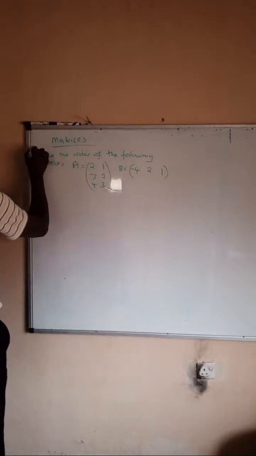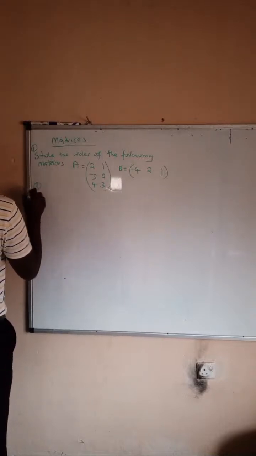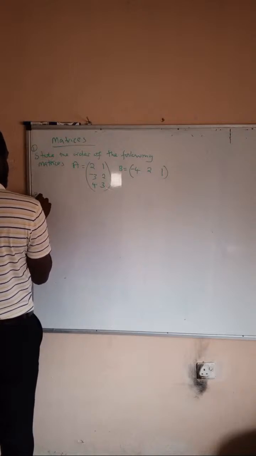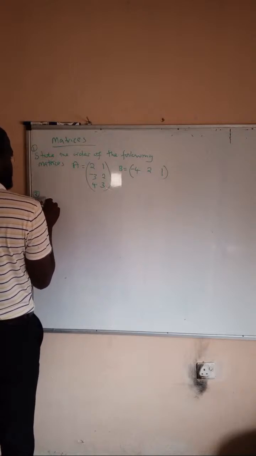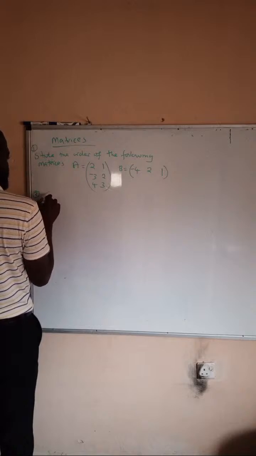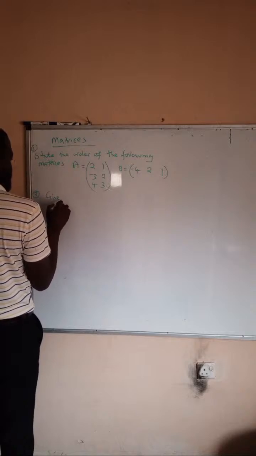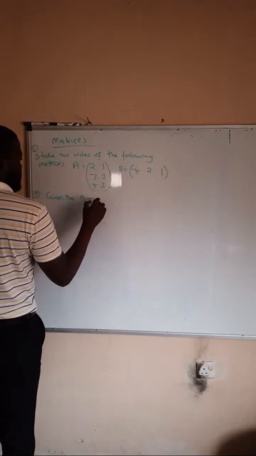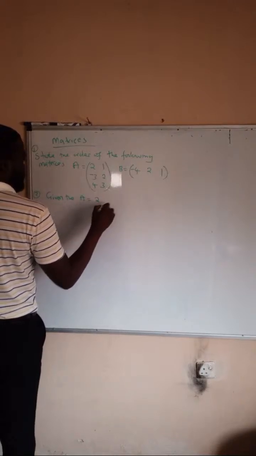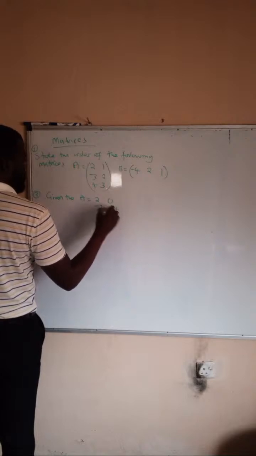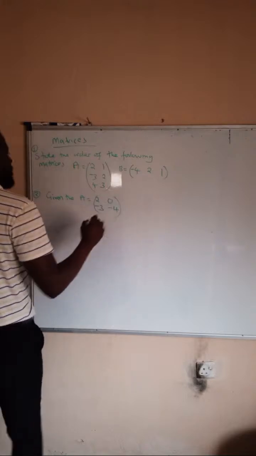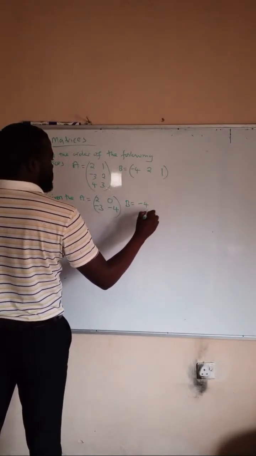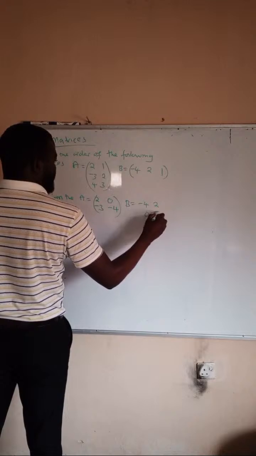Question 2: given that A is 2, -3, 0, -4, and B is -4, 0, 2, -5.